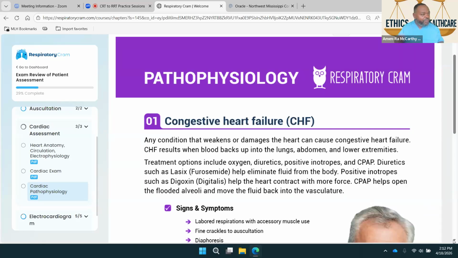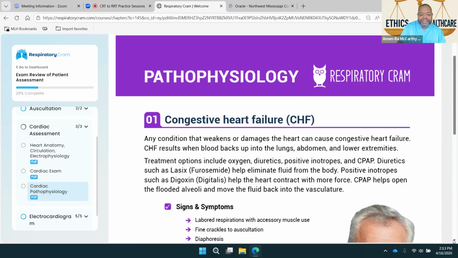I told you to make sure you remember. Crackles. Fine crackles, good. Not coarse crackles, fine crackles. So he came in with fine crackles, short of breath, diaphoretic, using accessory muscles, and he told you he has CHF. Put the man on a BiPAP. Give him some Lasix and some positive inotropic agents, and you'll fix him, okay?